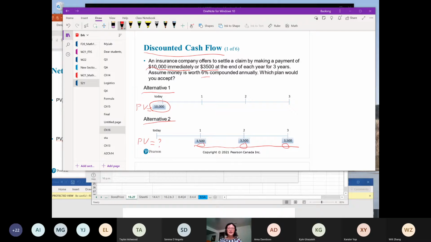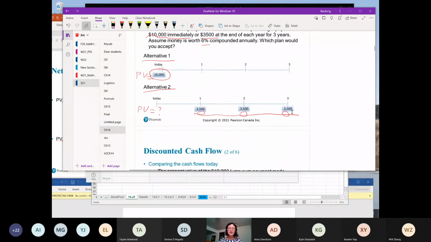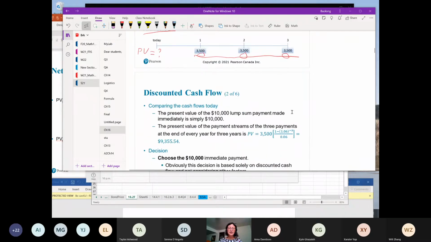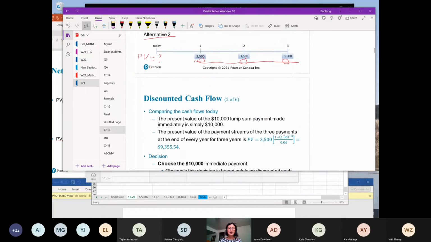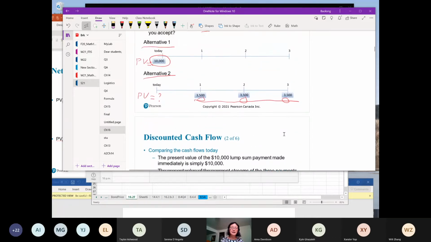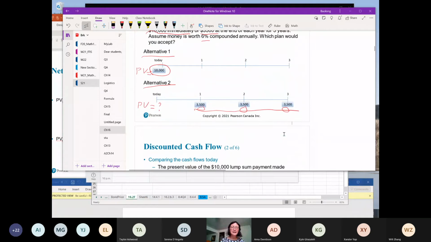Okay, so there are many ways to do it. One way, we can use formula, okay, to calculate the present value of this one. Okay? So this is annuity.